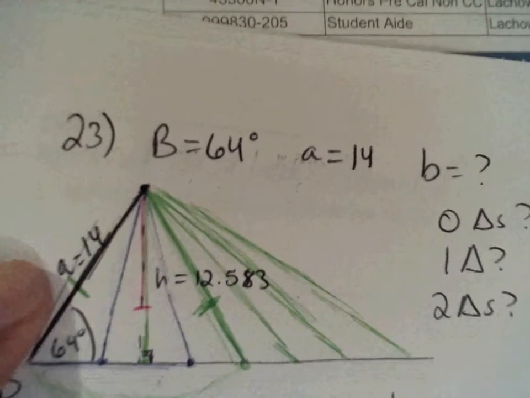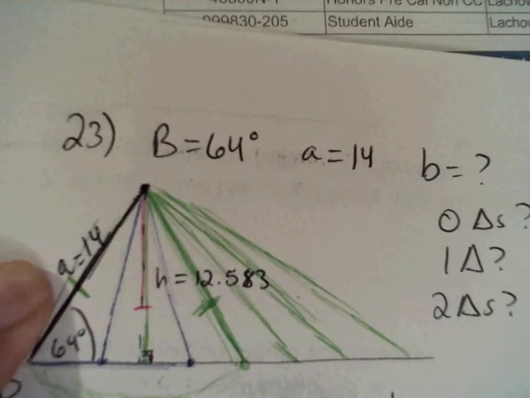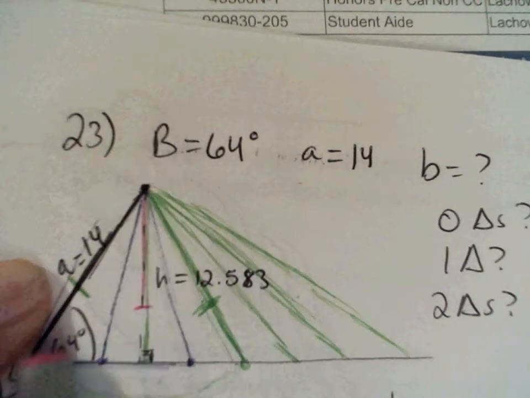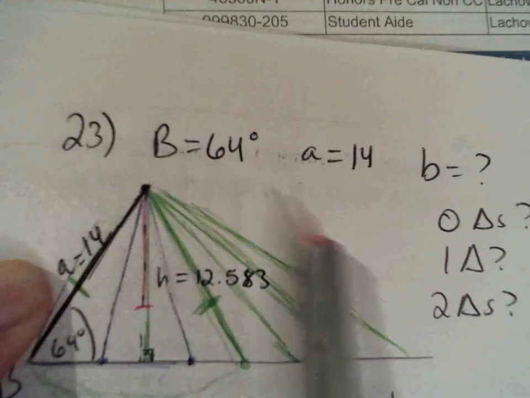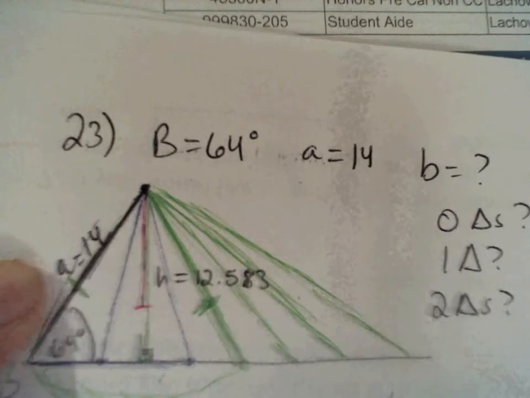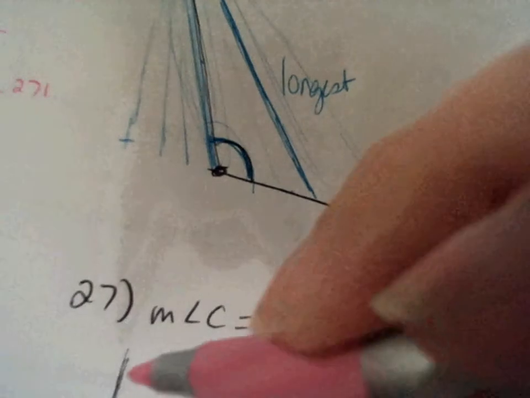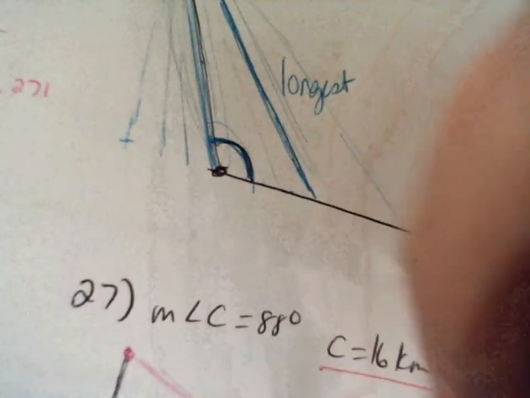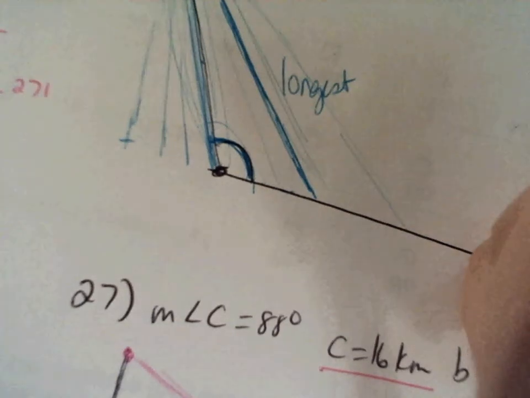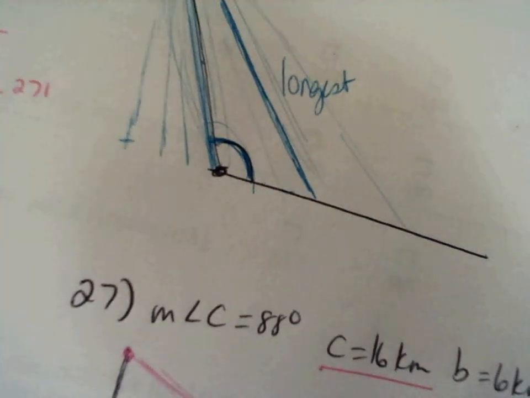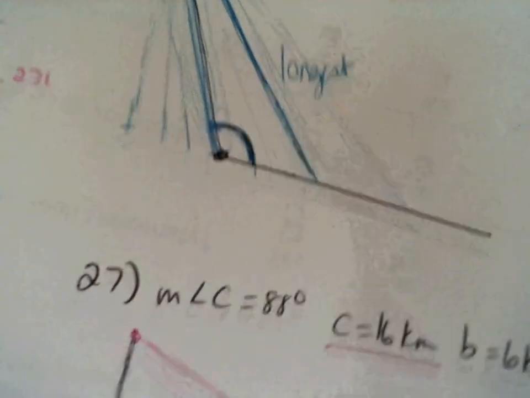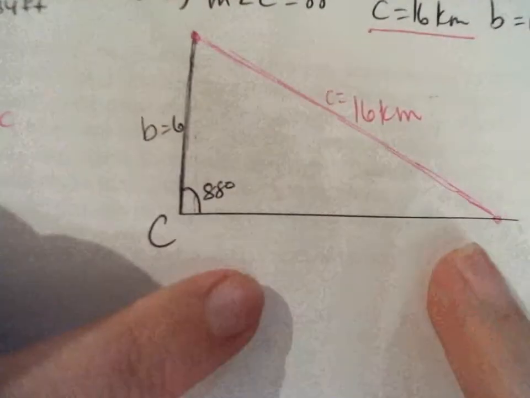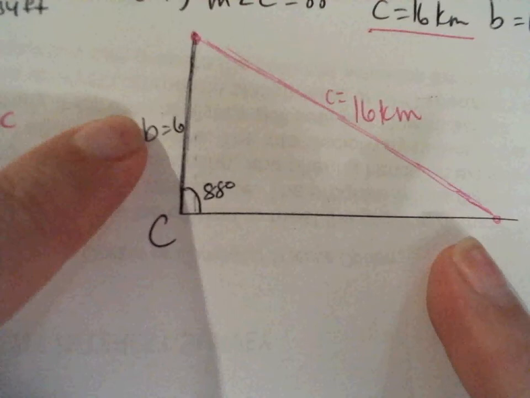Here's 14. Now imagine I had a length that was 10 units longer, 24. Well, 10 units longer than this would have to be somewhere way out here. Okay, so we're talking about this situation. The only way that I can fit a 16 kilometer side going from here to this horizontal is if it swings way out here. And so that could be a 16 kilometer length compared to this length right here, 6.